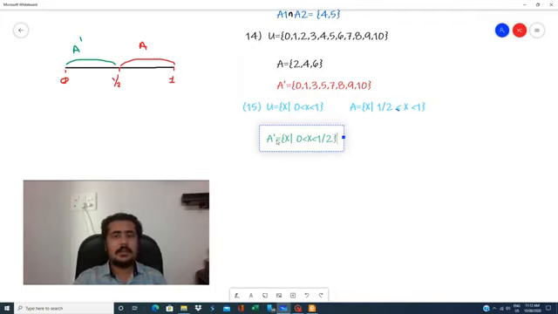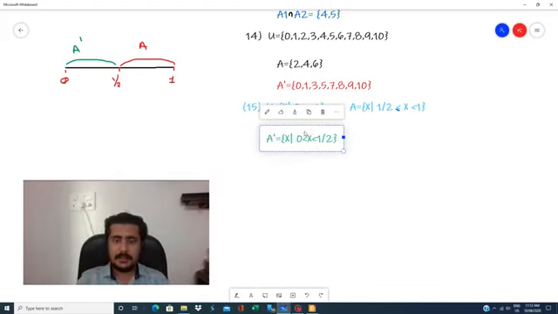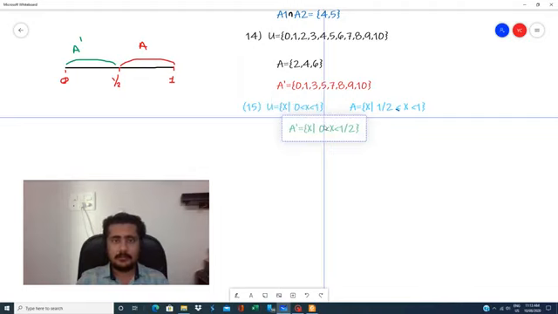We will not include half in this A dash because half is already present in A. If half is present in A, half will not be present in A dash. I think you are clear now. So this is my answer: A dash is 0 to half.